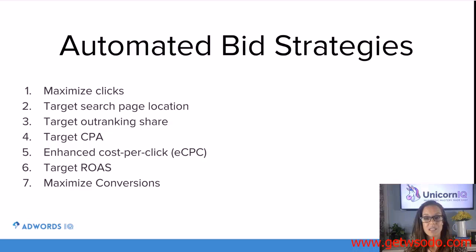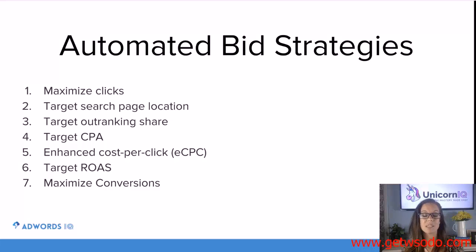They're all portfolio bid strategies, which used to be called flexible bid strategies, which basically means that advertisers can apply one strategy across all your campaigns, your ad groups, your keywords, and things like that. And just to give you a list here, the automated bid strategies that you'll find, we walked through these in the campaign settings.